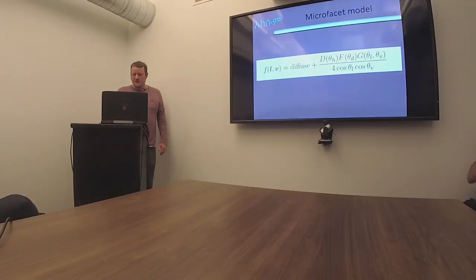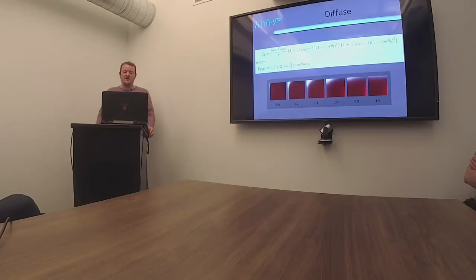So now we'll dig down and look at these different terms in the microfacet model, and particularly how Disney implemented them. The diffuse term in the Disney BRDF is this term here. When they looked at the Merl database, they noticed that even objects that you would think of as being perfectly diffuse, they aren't actually diffuse in the shading sense, in that they do change color as the view direction changes.